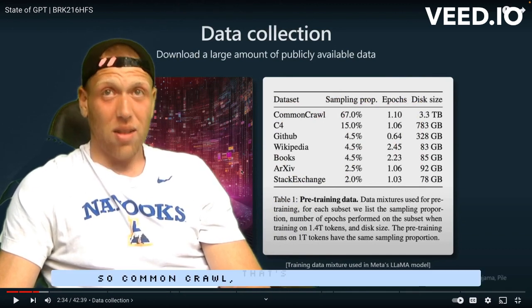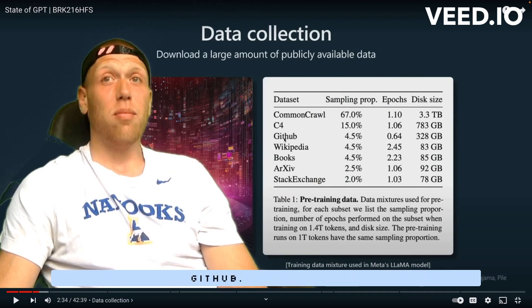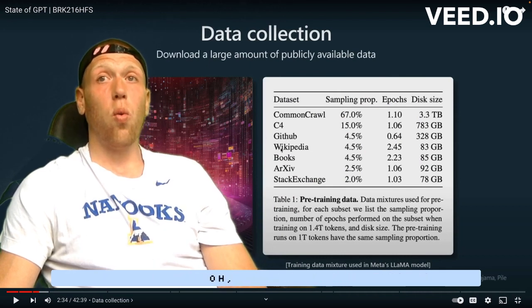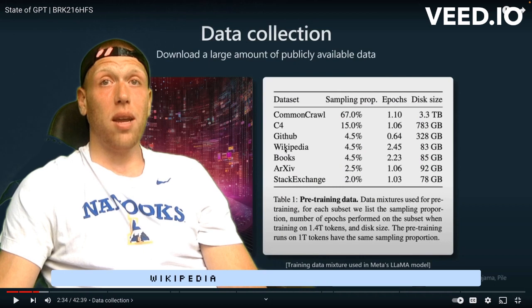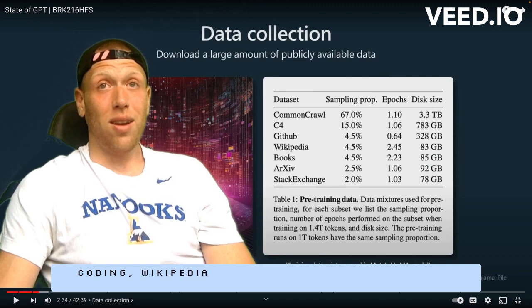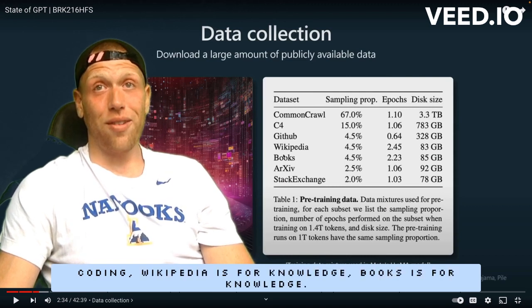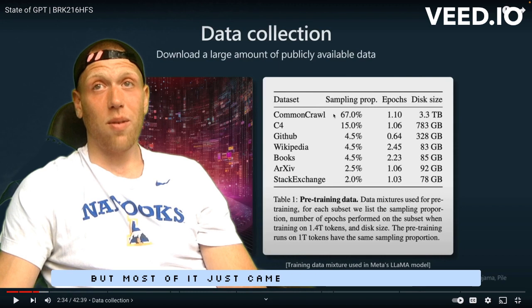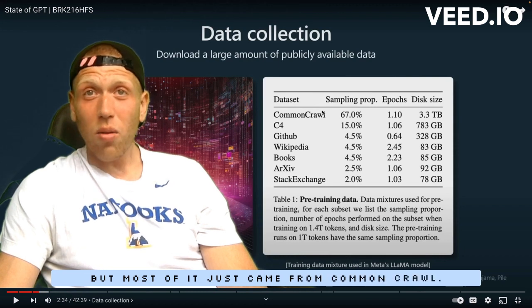So Common Crawl, that's just the internet. GitHub, that's code. Oh, it scraped Wikipedia and Stack Exchange. So Stack Exchange is for coding, GitHub's for coding, Wikipedia is for knowledge, Books is for knowledge. But most of it just came from this Common Crawl.